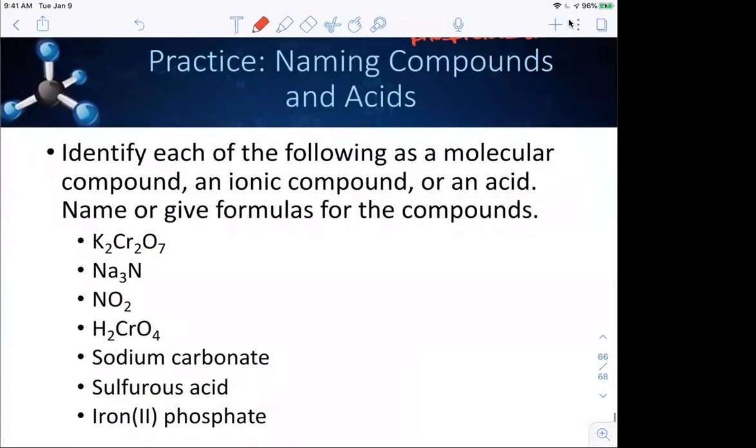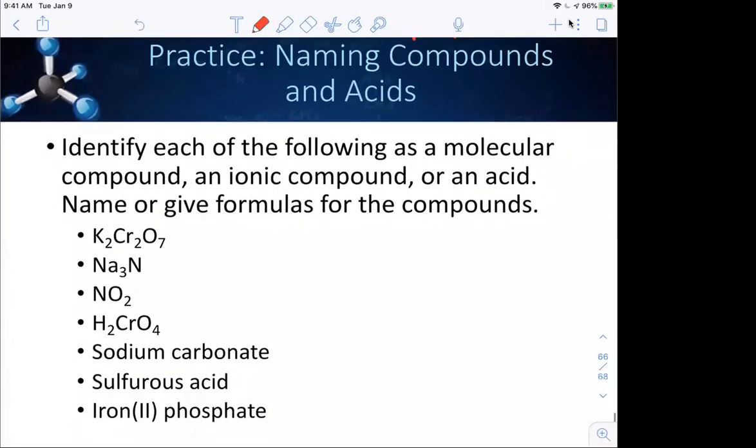So just to practice, you first want to identify if it's molecular or ionic or an acid. Then you're going to use the different naming systems to go ahead and do that. So this is a metal with a non-metal polyatomic.